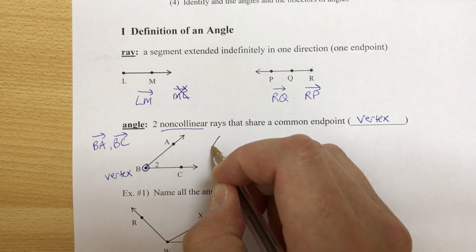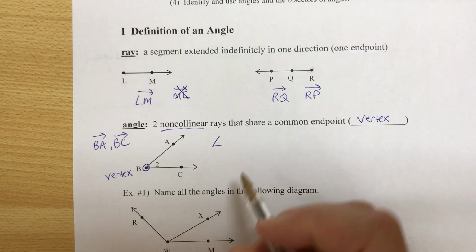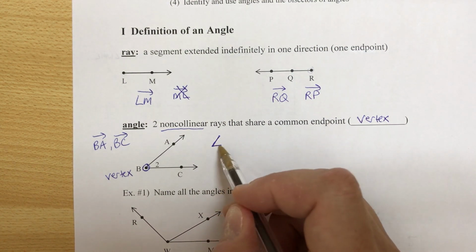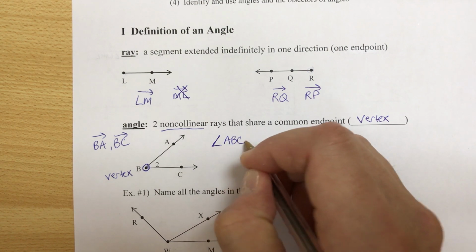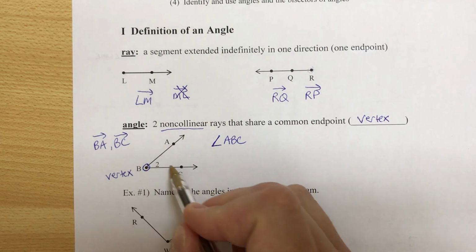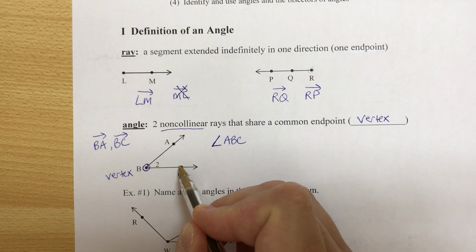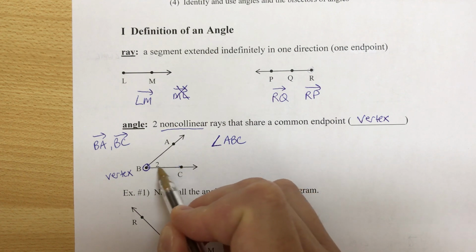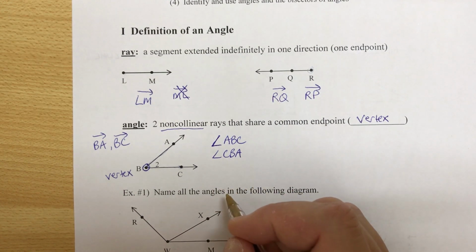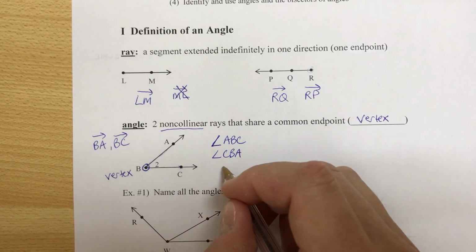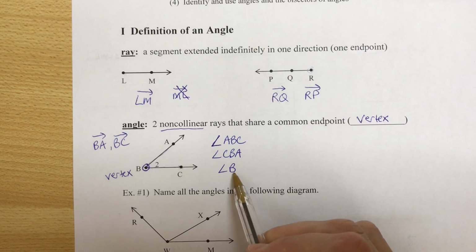So there's a couple ways you can do this. You could use 3 letters, 3 points, and we could say angle ABC, which would contain both rays. You could say angle CBA. You could just say angle B. So you could just use the vertex, and that's all you would need.